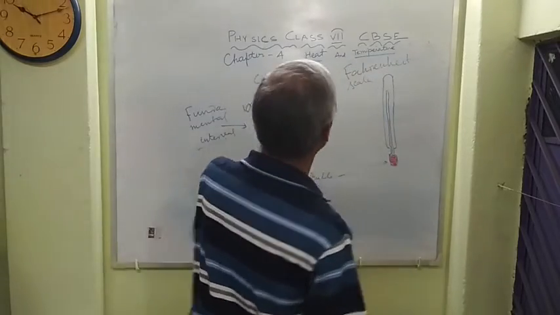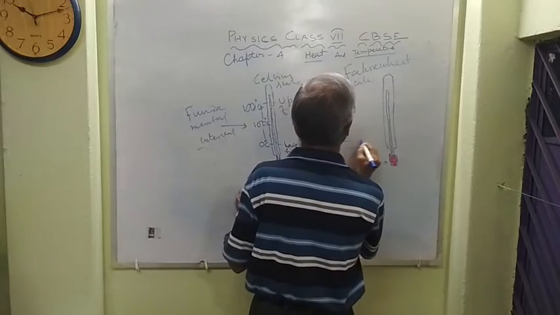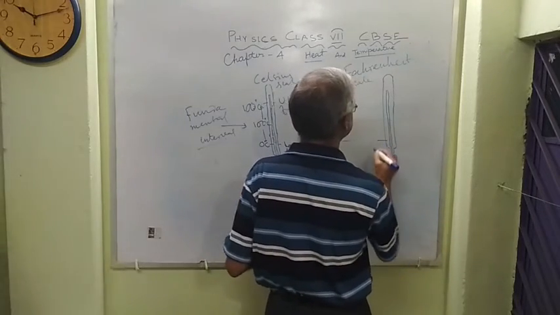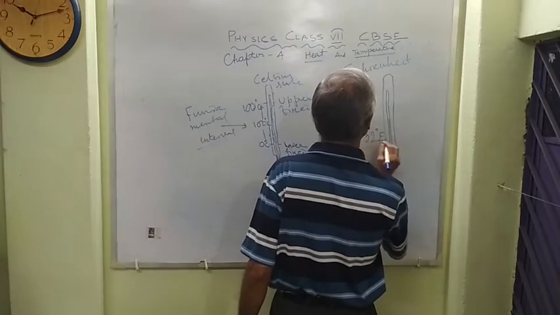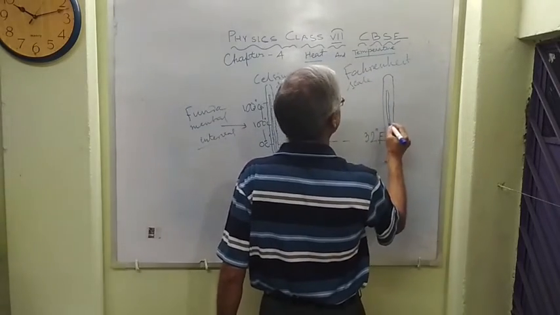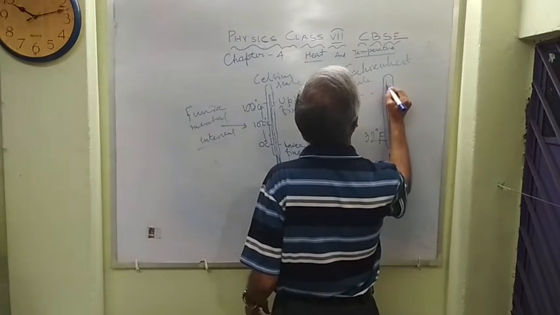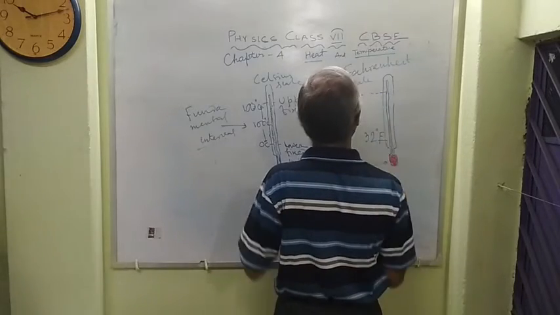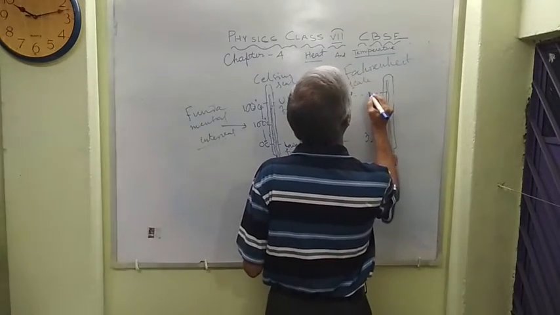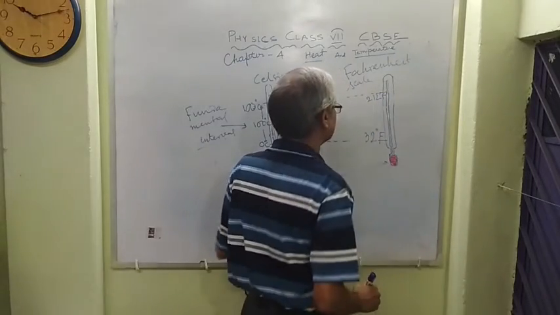Now, in the case of the Fahrenheit scale, the lower fixed point is taken as 32 degrees Fahrenheit, and the upper fixed point is taken at 212 degrees Fahrenheit.